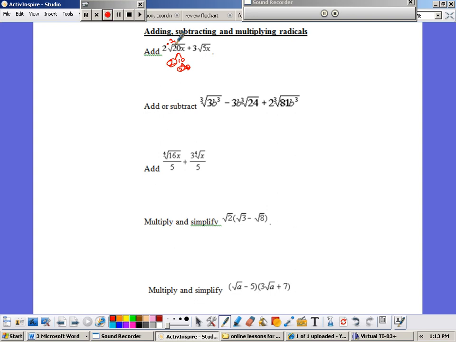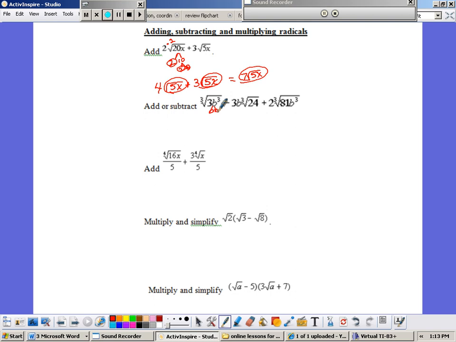There's already a 2 on the outside, so 2 times 2 is 4. I'm left with a 5 and an x inside. Now I have 3 with a 5 and an x inside. So I have 4 square root of 5x plus 3 square root of 5x, which is 7 square root of 5x. The radicand has to match to be able to add them, just like x has to be matched with x to add them.